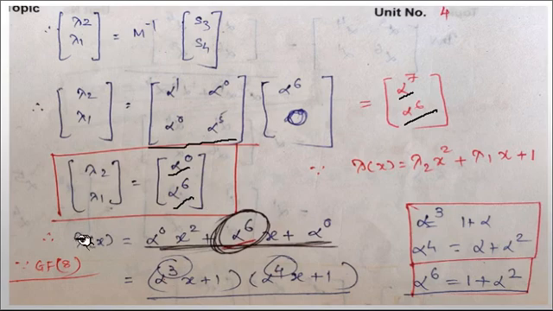Since the error locator polynomial is lambda of x equal to lambda 2 x raised to 2 plus lambda 1 x raised to 1 plus 1, and this is obviously the 1, lambda 2 is nothing but alpha raised to 0 and lambda 1 is alpha raised to 6. By using lambda of x, that is the error locator polynomial, we can easily obtain it.